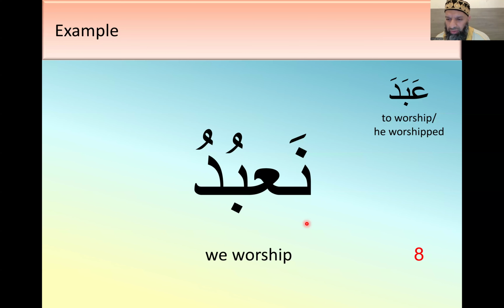Would na'buduna not mean we worship? Okay, so somebody's asking, would na'buduna not mean we worship? So it's the noon for we, and then the waw and noon. Somebody's saying it's incorrect. Why is it incorrect to put a waw and a noon on there to make it we all?